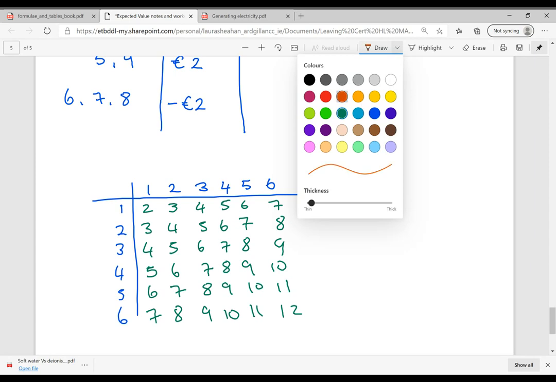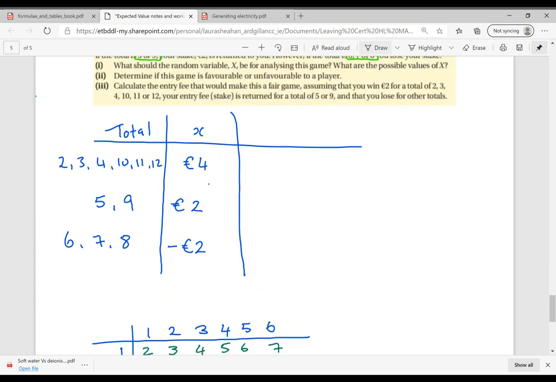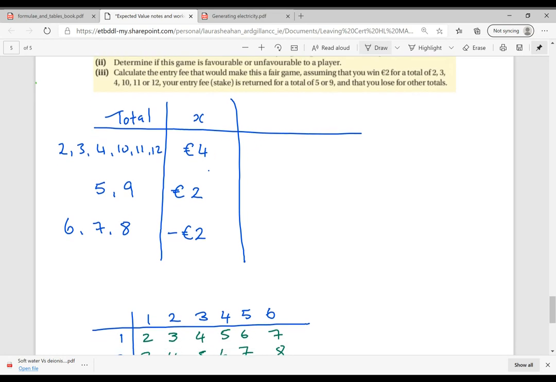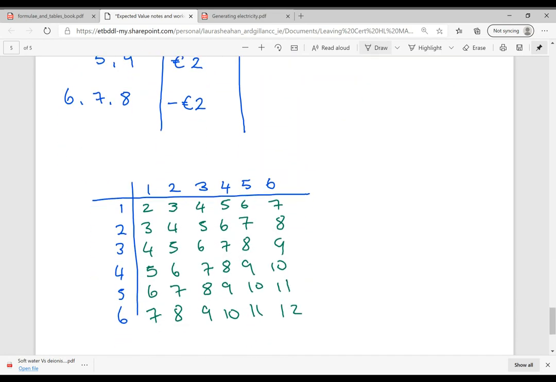Okay, so I am looking at getting a 2, 3, 4, 10, 11, and 12. So if I get any of those numbers, I get €4. So I get a 2. So if I look at all of the numbers here, I can count 2, 3, 4. Was it 2, 3, 4, 10, 11, or 12?